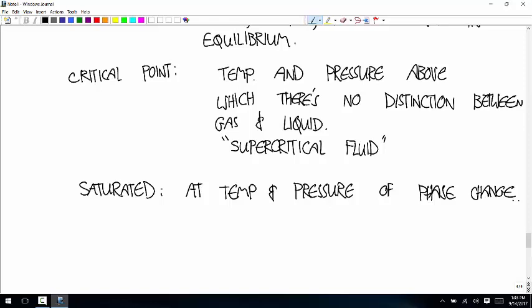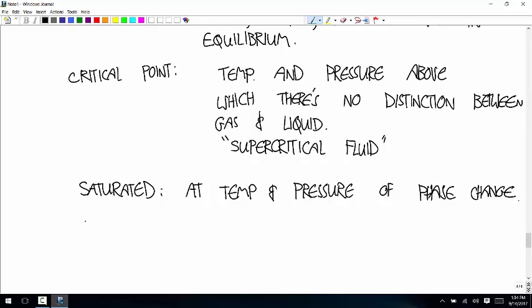And solid ice at 32 degrees is a saturated solid. It means if you, so for liquid water at 32 degrees, if you pull internal energy out of it, it'll start to freeze.